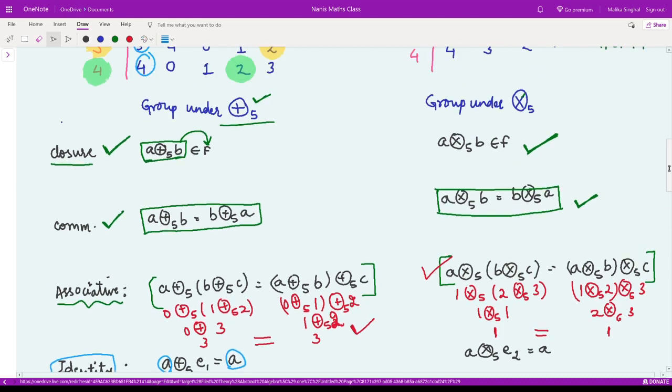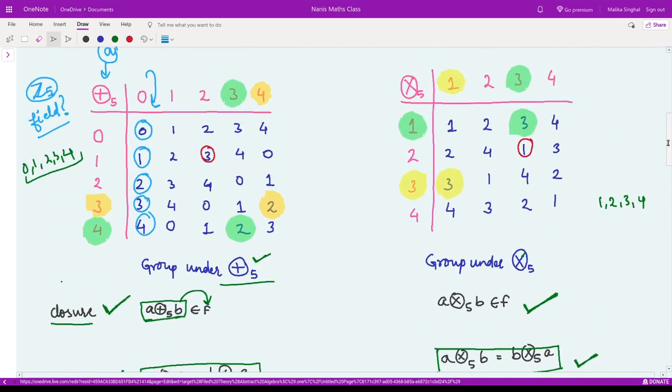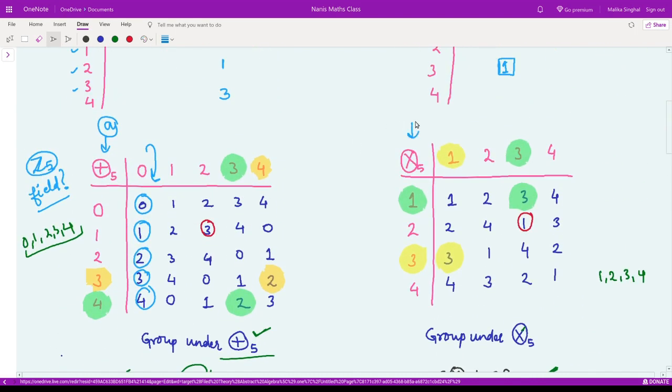In a similar manner, we have to check the multiplication identity mod 5. What would be that? If I take any number A and then I operate multiplication mod 5 with some number E2, I should again get the same number. So let us see what is our E2 in this case. This column represents A. So if I have A, from where do I get this 1 again?